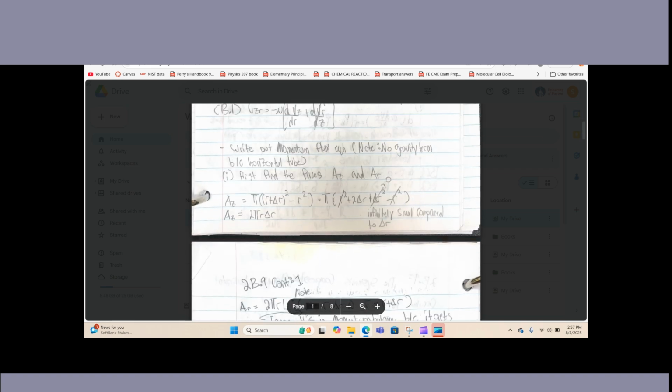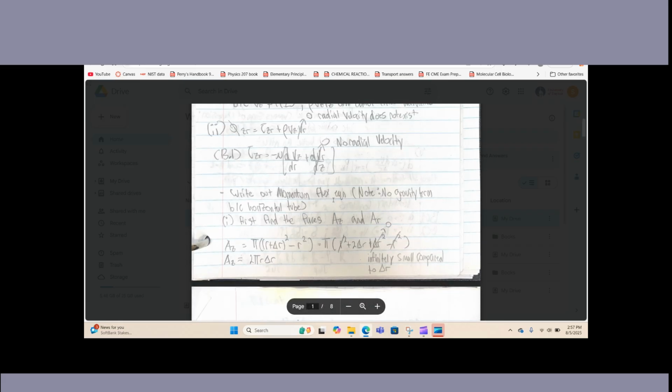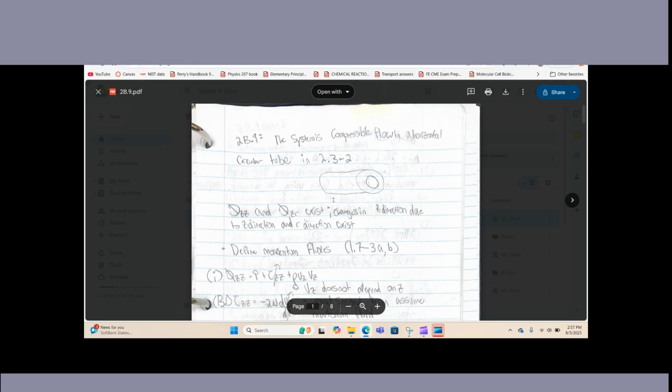So AZ and AR are differential areas. Imagine this is R plus delta R, and this is R. The differential area is the area between these two.